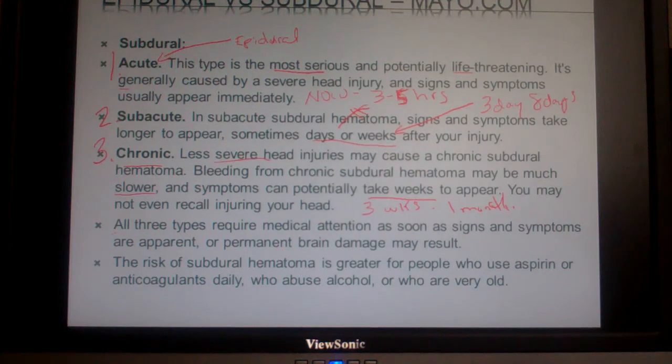One thing you do have to keep in mind, though, is all 3 types require medical attention as soon as signs and symptoms are apparent. Well, okay, that makes sense, because by the time these signs and symptoms kick in, whatever damage is happening is happening. So if this is the normal brain and it's getting pushed in like this, you're going to see the signs and symptoms when that starts pushing in.